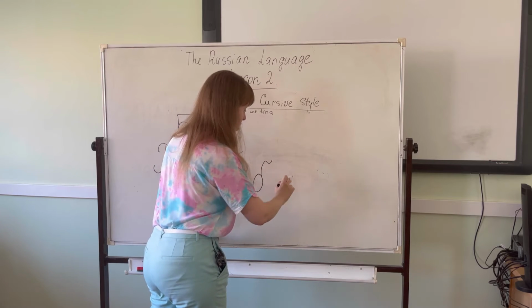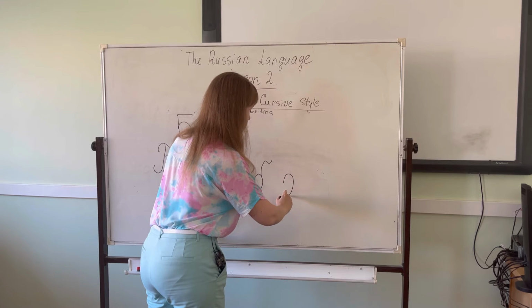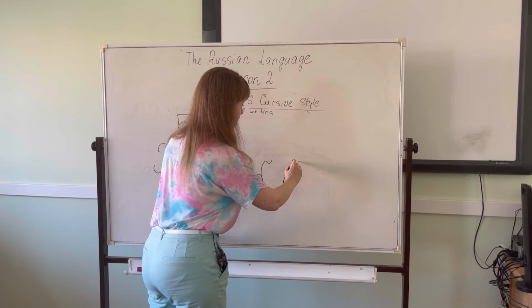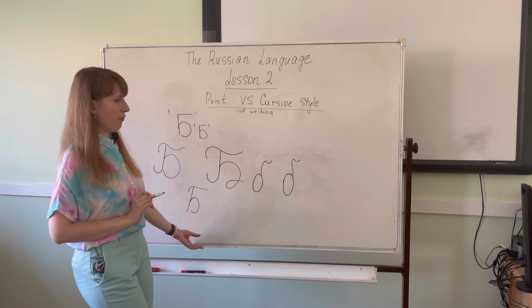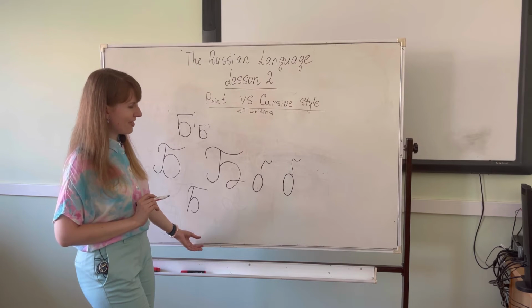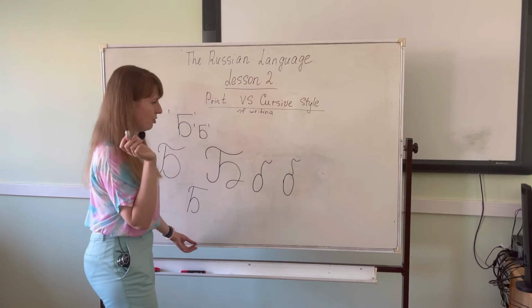You can do it like this: make an oval and then a tail on the top of it. It looks like a cherry, maybe an olive, an oval and a tail on the top of it.